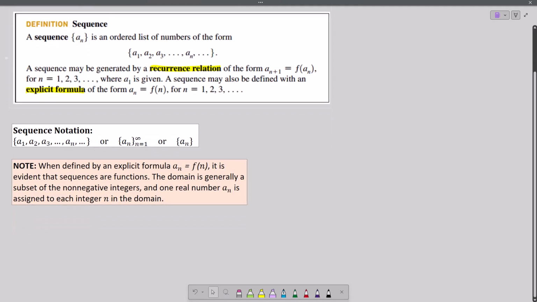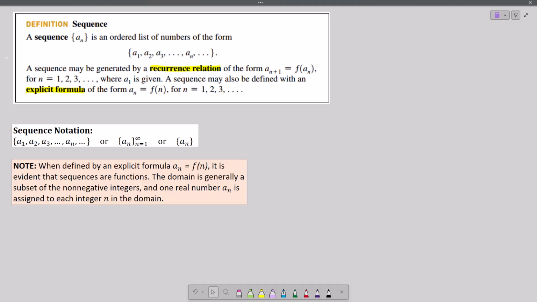So the notation for a sequence, there's lots of notations. You know, this general listing of the terms, the dots just mean it goes forever, or you could do it like this. Most of the time we just write a sequence like that. That means that it's an infinite sequence. It means that most likely you start at n equals 1, but sometimes sequences can start at 0.